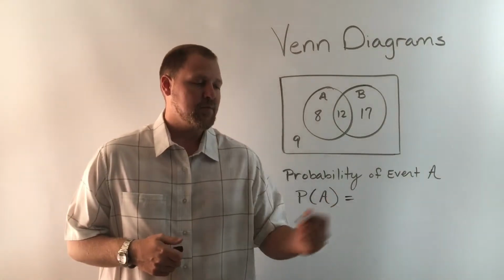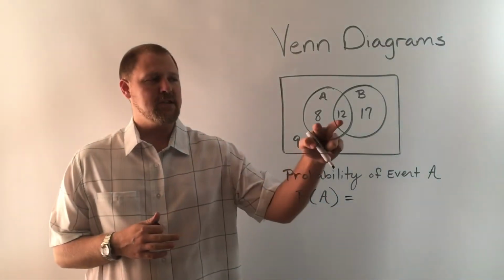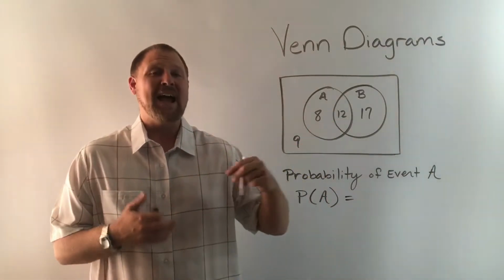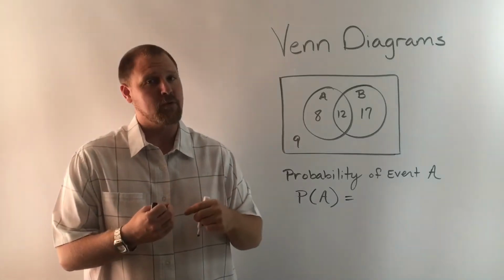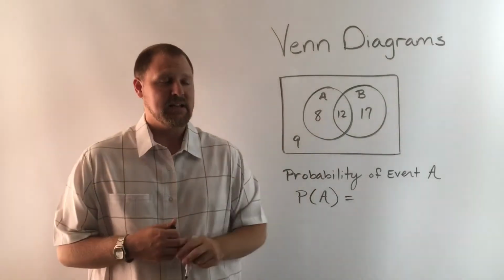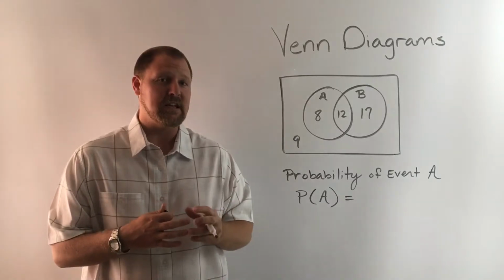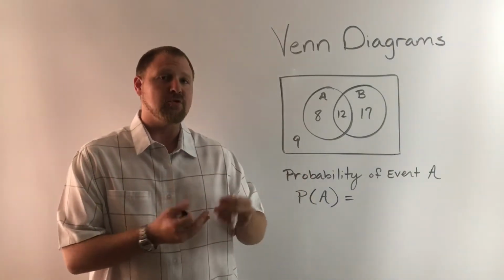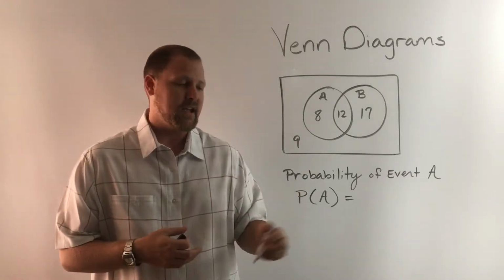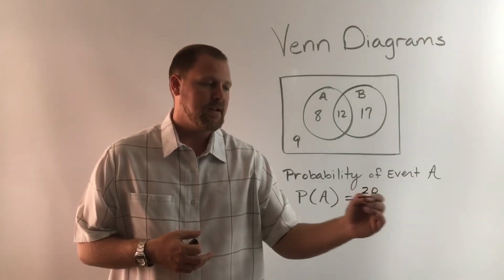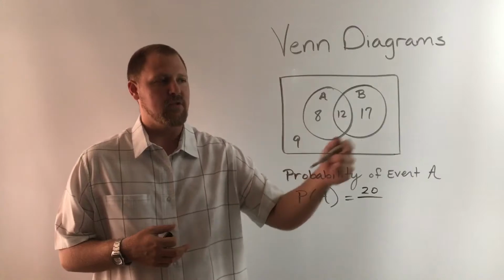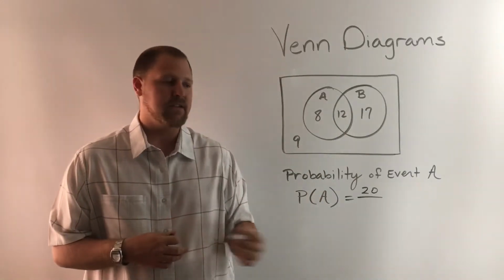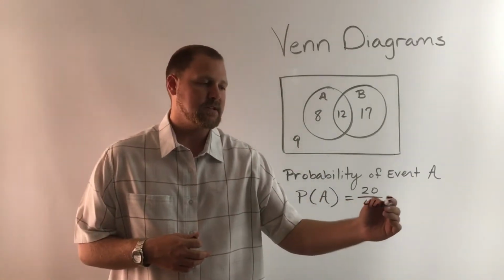So here, the probability of event A. The one thing kids will not do at first, or most won't do at first, is add 8 and 12, because those are in event A. That is the total of people surveyed who selected event A. So there are 20 out of the total, which is all 4 numbers in this case added together. 20 out of 46.